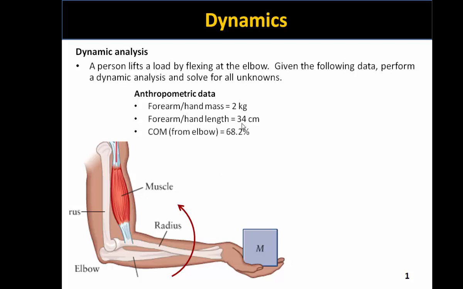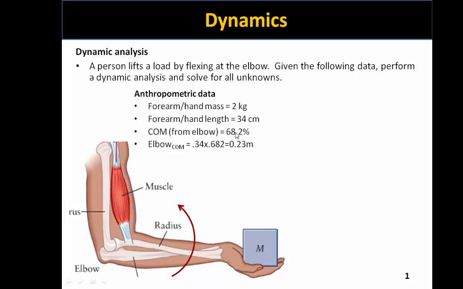The center of mass is located 68.2% of the distance from the elbow towards the end of the segment. And we obtained this value from Dempster's table. Now, what I've done here on the front end is I've gone ahead and calculated the actual value in distance units. So when we talk about the 68.2% obtained from Dempster's tables, this is a unitless measure of distance.